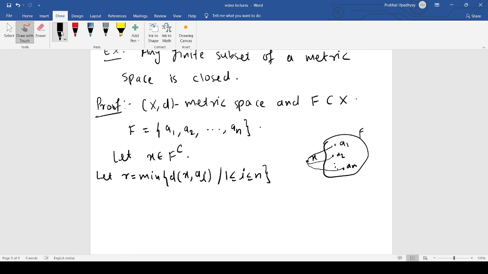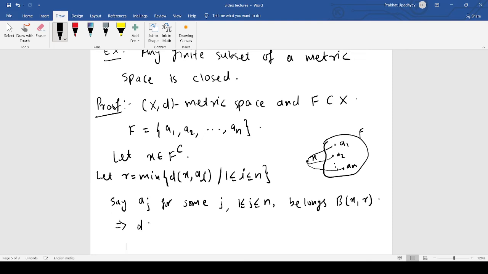So on the contrary, say some aj, for some j lying between 1 and n, belongs to the open ball B(x, r). What does it mean?